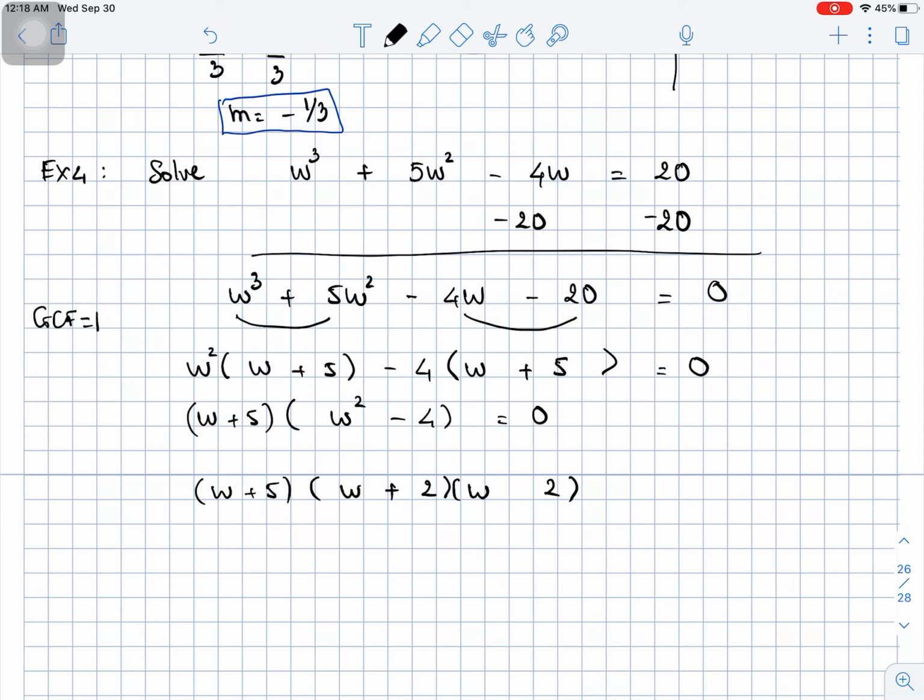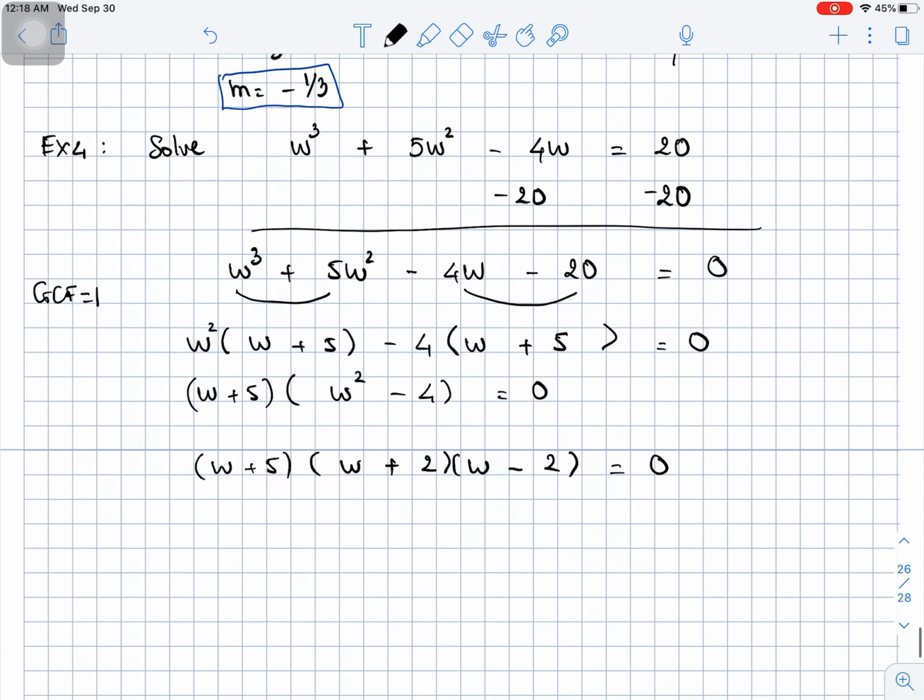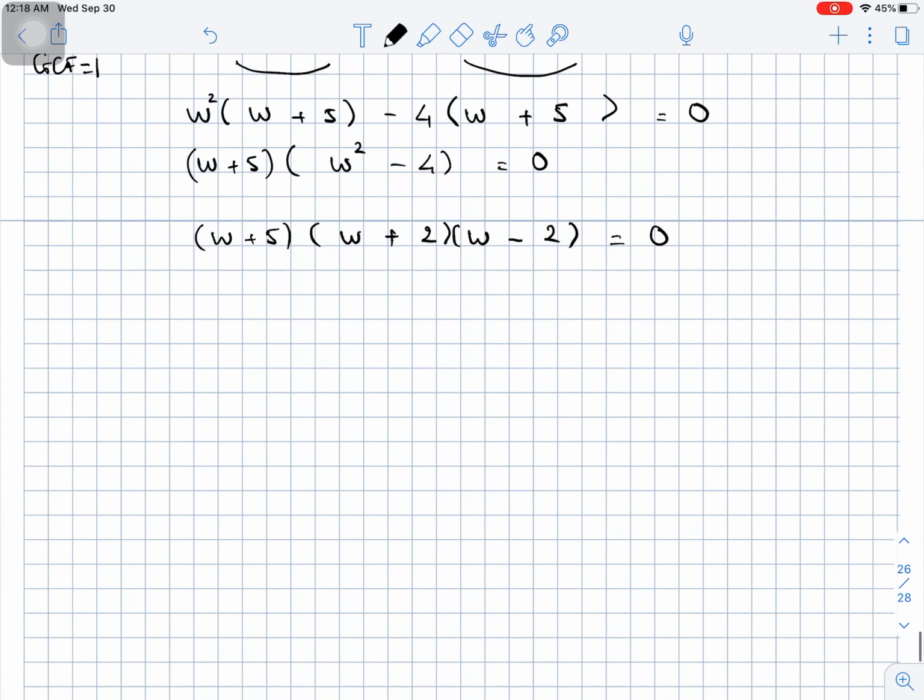Notice that W squared is W and W. 4 is 2 and 2. To get minus 4, we should have 1 plus and 1 minus. We have 3 parentheses. We learned the property that A times B, but what if we have one more, which is C, then A equals 0, B equals 0, and C equals 0.